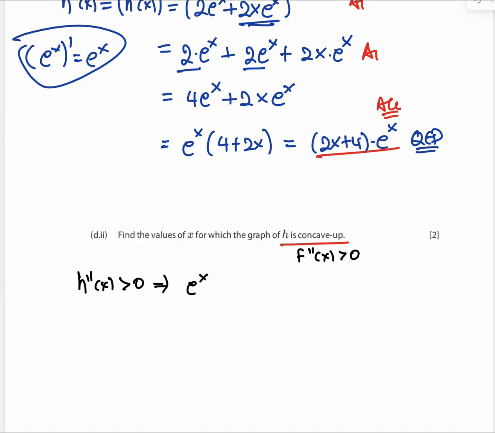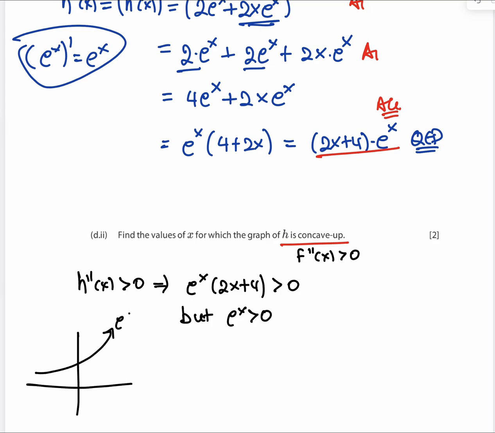That means e to the power of x times 2x plus 4 is bigger than 0. But what we do know, and we discussed it earlier, is that e to the power of x is always positive. Because remember that the graph goes like that, so it's all above the x-axis, which means what I have here is going to be positive, with this one being positive only if the second part is also positive. So we want that to be positive.